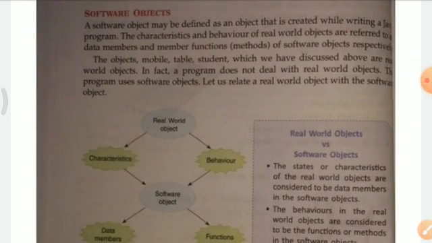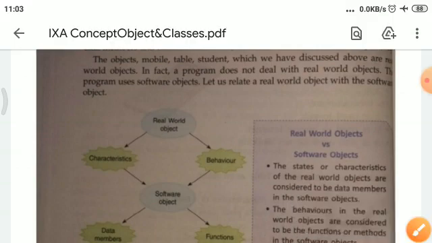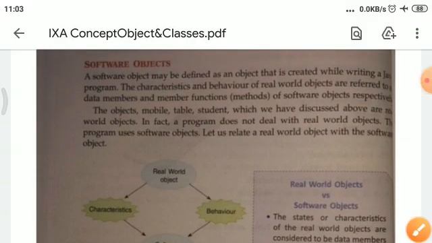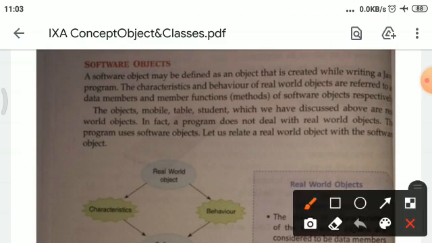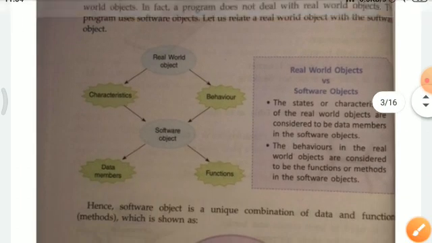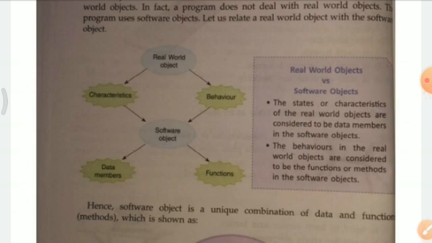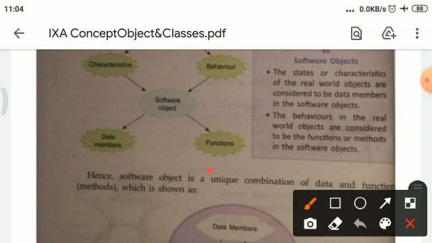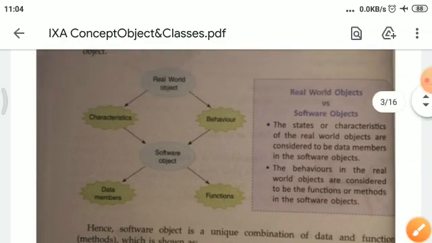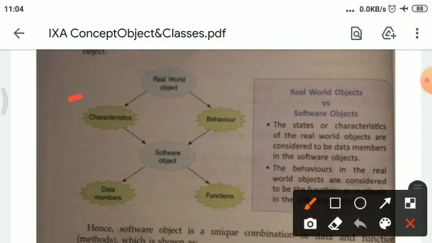A software object is an object used while writing a Java program. The characteristics and the behavior of a real world object are referred to as the data members and the member functions. As you can see in the diagram, this is a real world object having some characteristics and behavior.